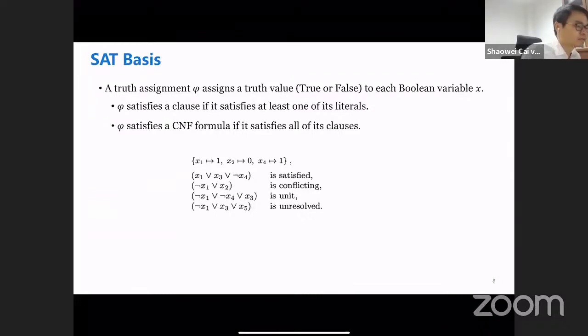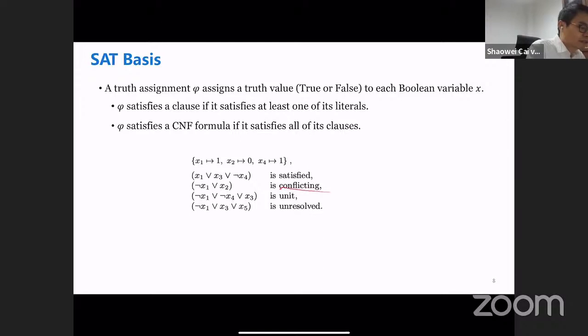Okay, a truth assignment assigns a truth value, true or false, to each Boolean variable x. And it satisfies a clause if and only if in the clause there is at least one true literal. And if all the literals in the clause are falsified, then this clause is falsified, or we say it's conflicting.